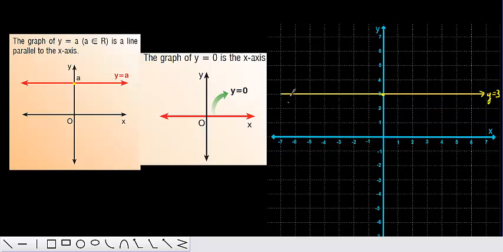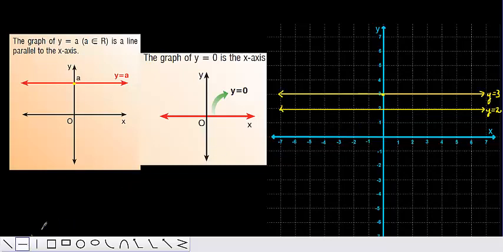And here, if I draw the second line, which is passing through the point 2, y is equal to 2, and parallel to the x-axis, this is the y is equal to 2 line. It's going to be passing through the point, as I told you, y is equal to 2. And if it is passing through the point 1, it's going to be the y is equal to 1 line.